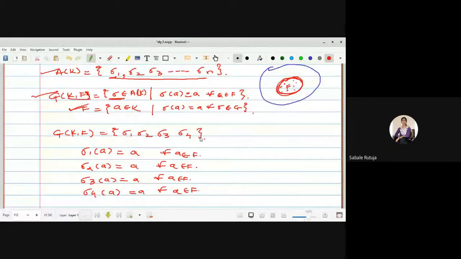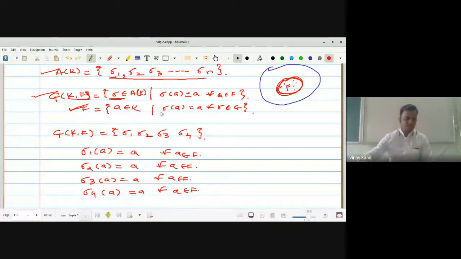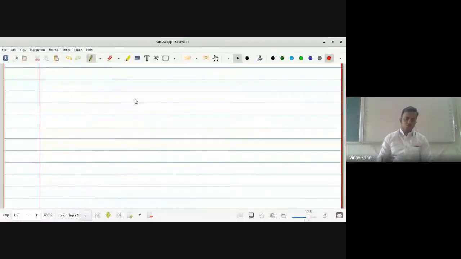Okay, so this is the group of automorphisms of the field K relative to the subfield F of K.